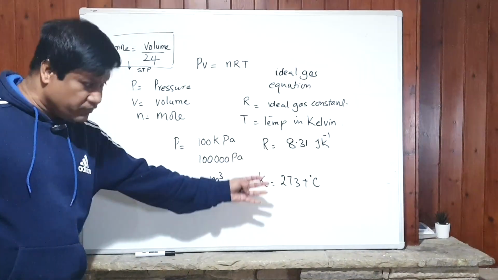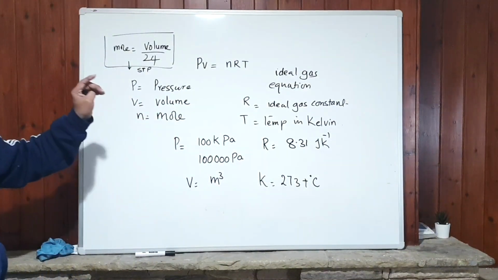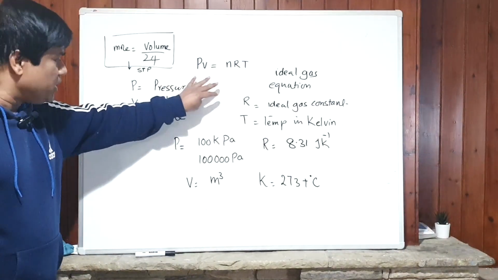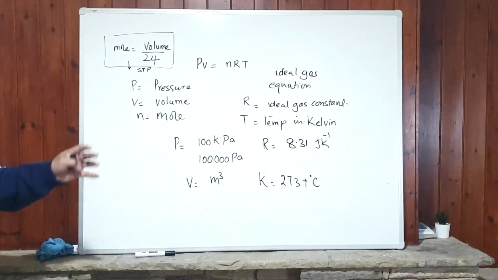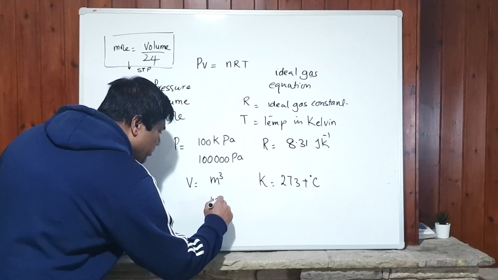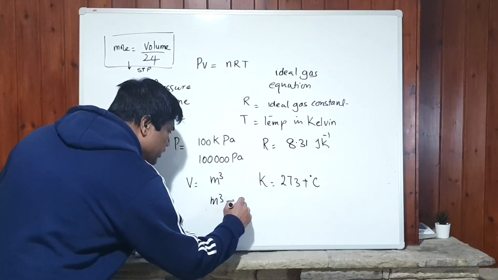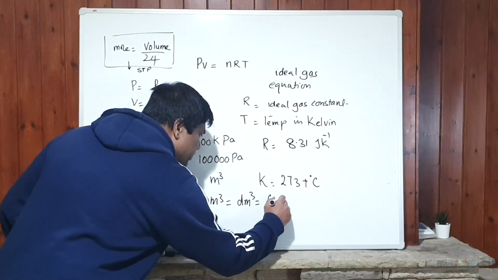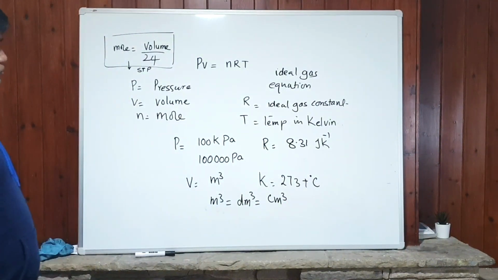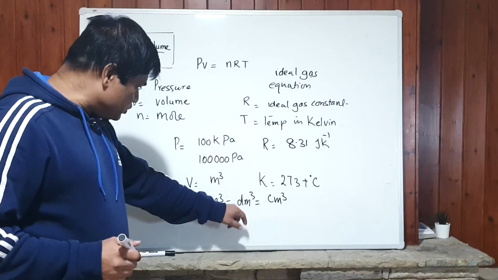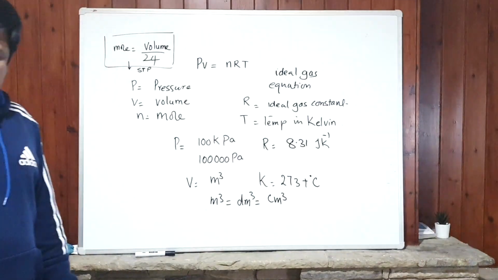Whenever a question is given to you, you have to make sure that all these parameters are in these units, because these are the standard units, guys. So volume in meter cube, we can change it into dm cube. Dm cube can be changed into centimeter cube. Okay, please copy that down. I will show you how to change meter cube to dm cube and dm cube to centimeter cube.